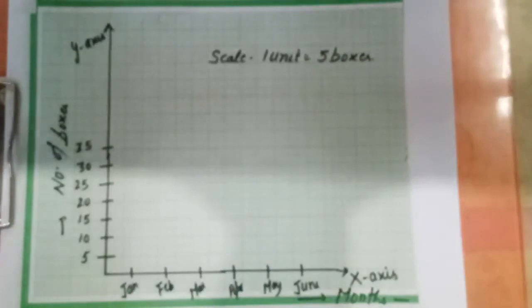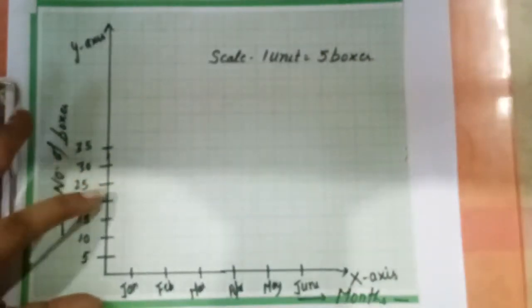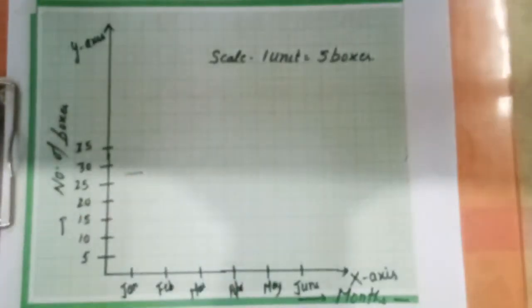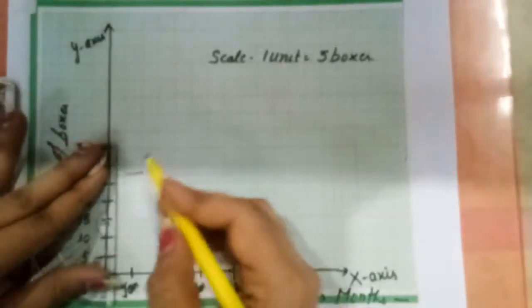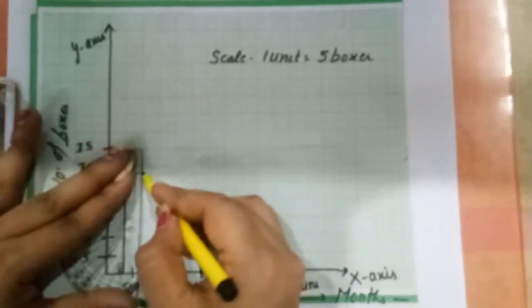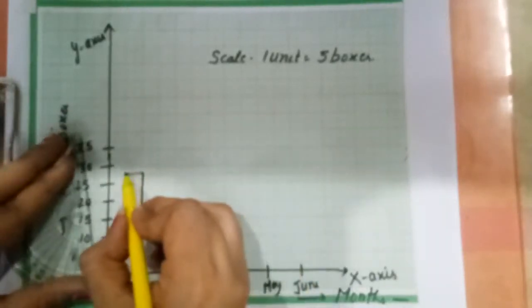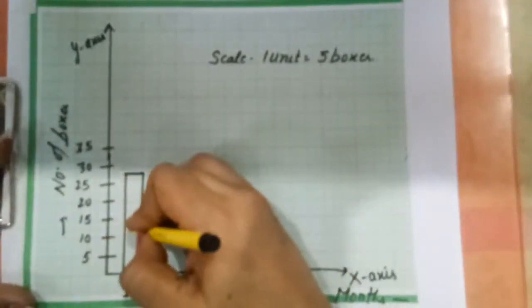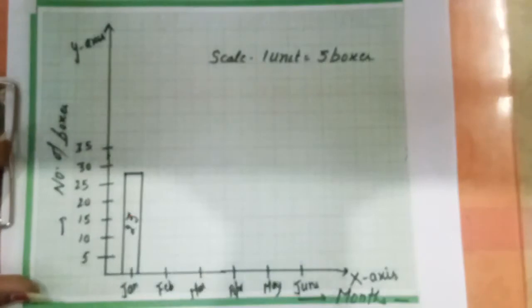So for January we have 23. 23 means it comes approximately here. First I'll mark and then I'll join it with this. So it's on the 6th line. So there are 23. Right.